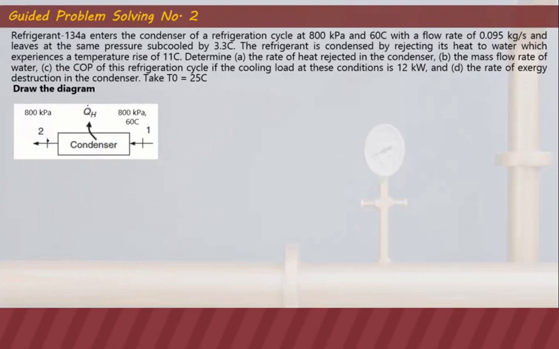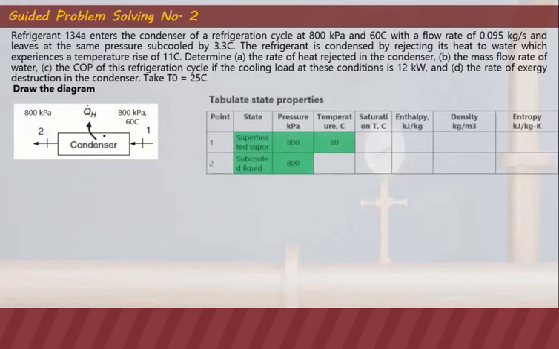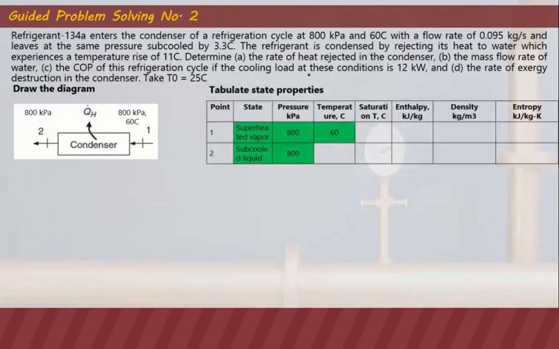So this is an isobaric process. So we tabulate the properties that we can get using the given. It enters as superheated vapor at point 1 and goes out as a subcooled liquid. Based on the given, it's subcooled by 3.3 degrees Celsius. That's why it's not saturated, but it's a subcooled liquid at point 2 at the same pressure.